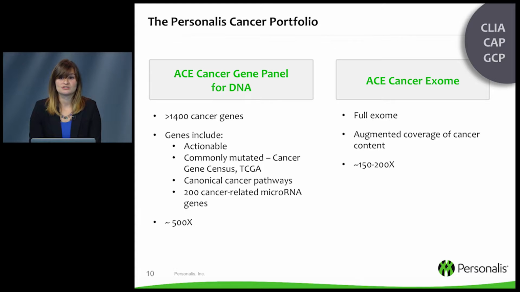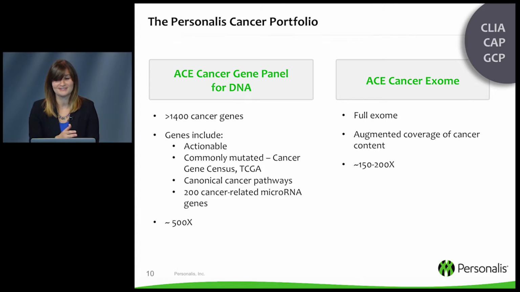This includes, of course, all actionable cancer genes and hotspot mutations, as well as genes commonly mutated across cancers, as described by the Cancer Gene Census and other large studies such as the Cancer Genome Atlas. We also target genes that play a role in canonical pathways of cancer, as well as over 200 cancer-related microRNA genes. Now, this large target region is then sequenced to an average of about 500x coverage for high-depth accuracy.